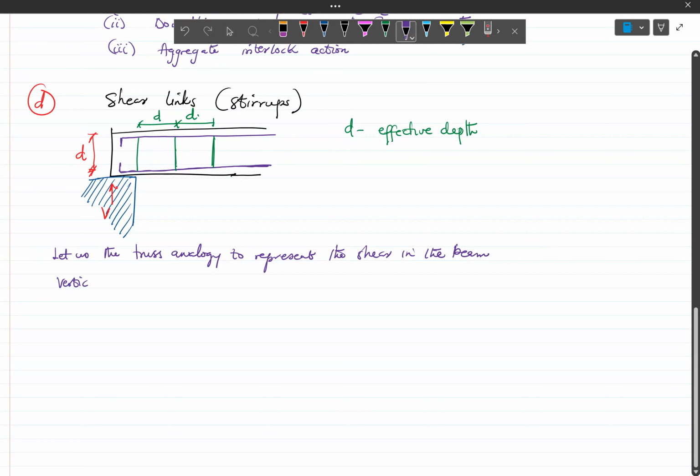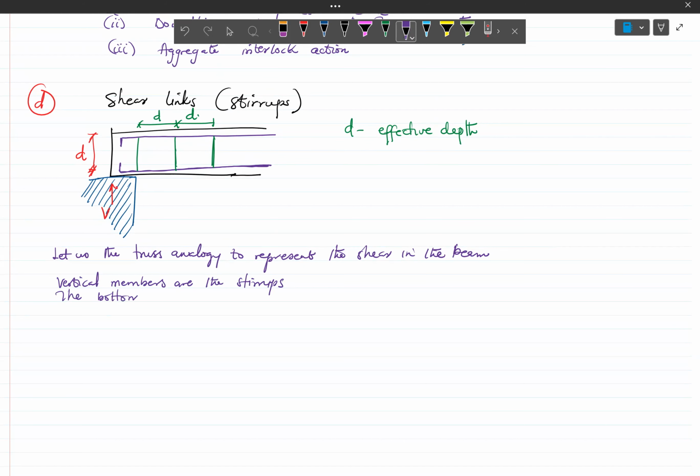The vertical members in a truss, or in this particular truss, are the stirrups, which are the green lines that I've just drawn. And then the bottom chords are the tension, or what we call the longitudinal reinforcements, so that anytime I use them, they're pretty much the same. Okay.